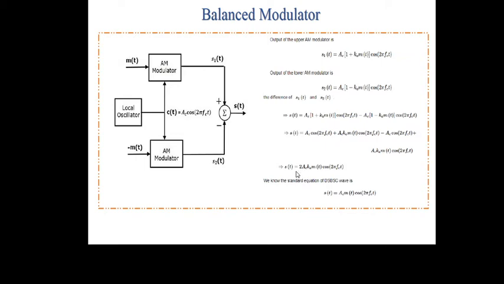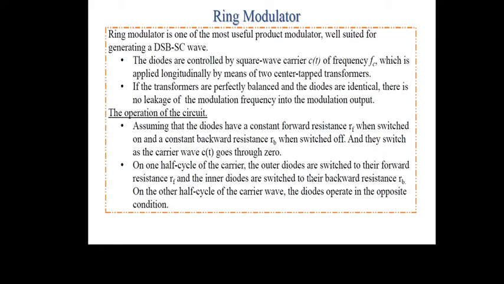We know the standard equation of the double sideband suppressed carrier, s of t equals Ac m of t cos 2 pi fct. So we compare it with this general equation. This is the standard equation for the output of the balanced modulator.